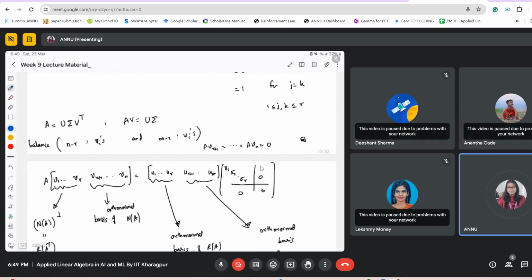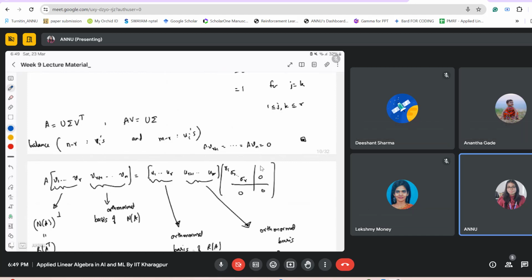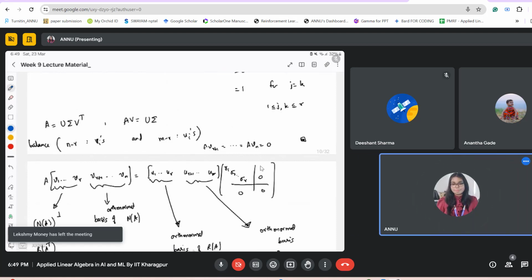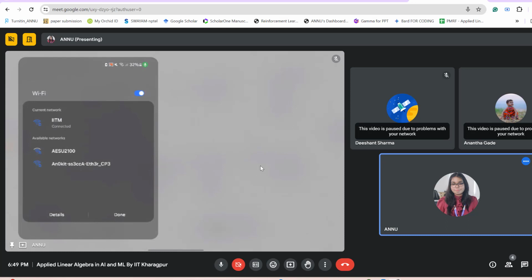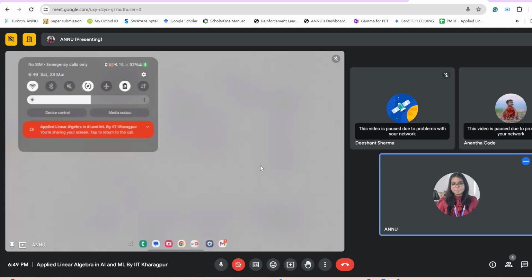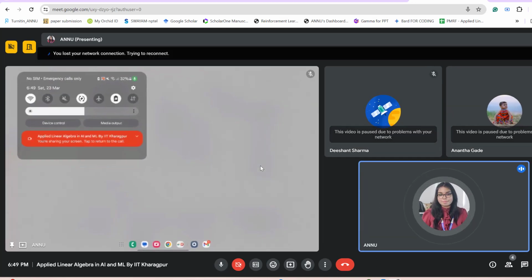My screen is not moving. Just give me a second. Actually, my screen is lagging.